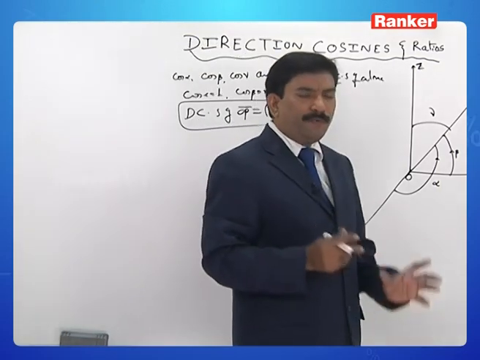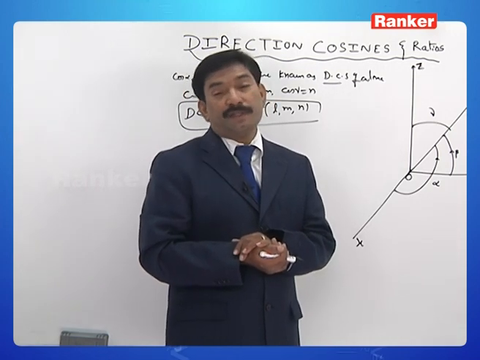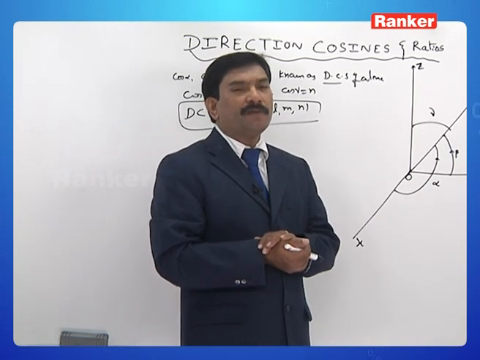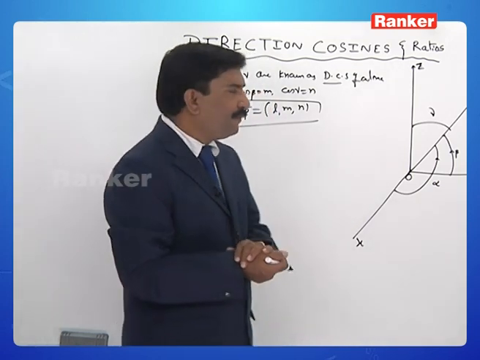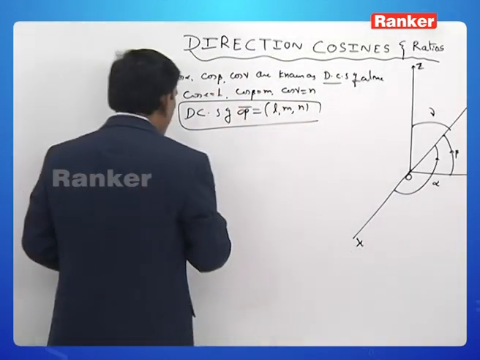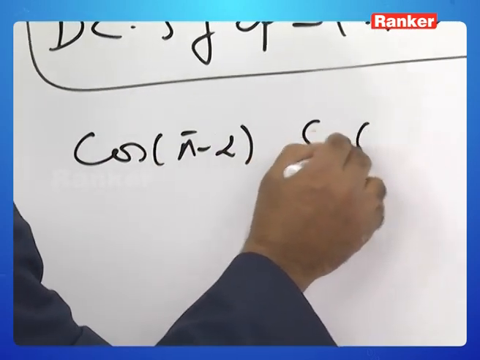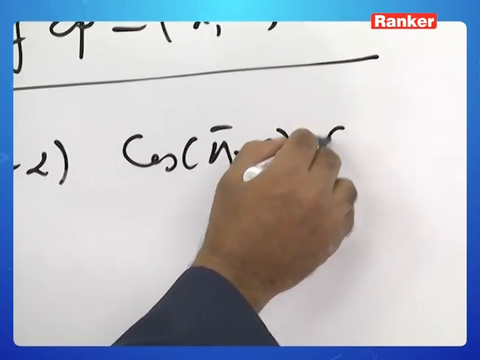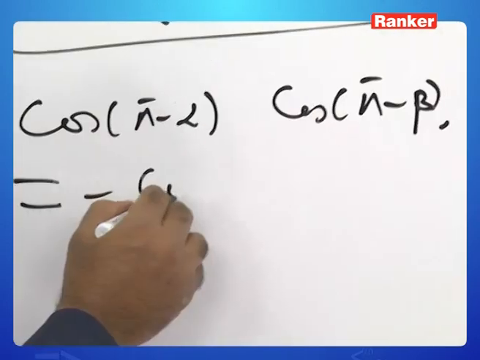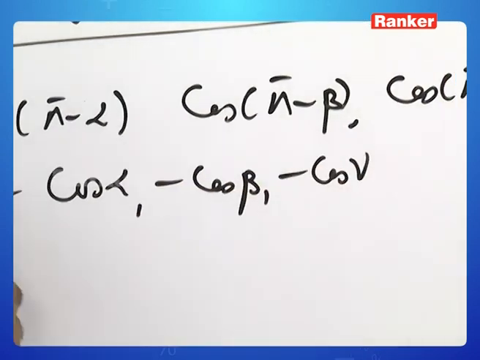If I want the direction cosines of PO bar, that is in the negative direction, I can write the DCs of PO bar as cos of pi minus alpha, cos of pi minus beta, cos of pi minus gamma. I can write them as minus cos alpha, minus cos beta, minus cos gamma.